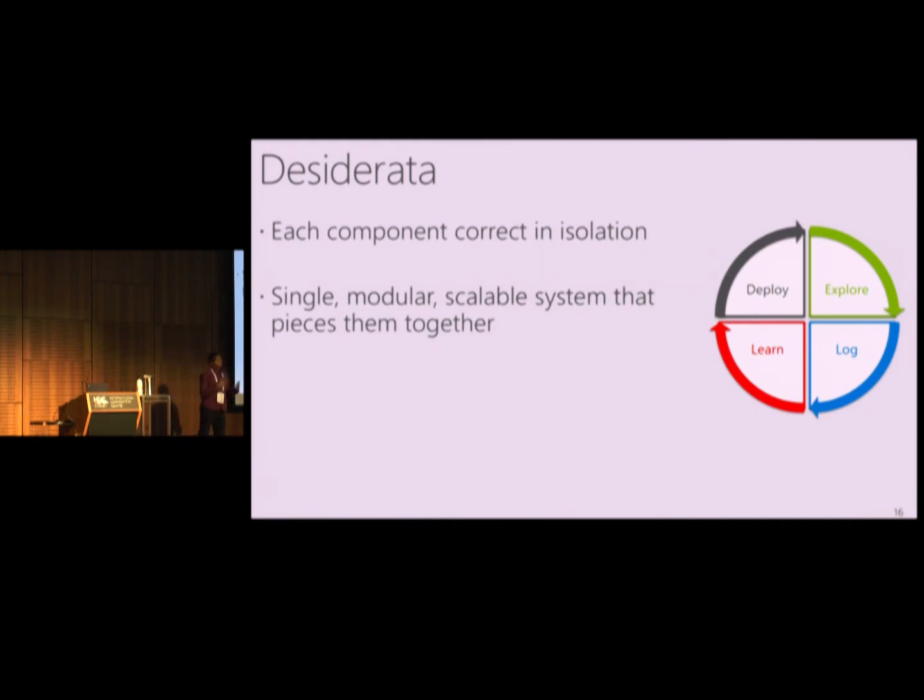Of course, we would want such a system to be modular, because often there is no one-size-fits-all thing here. So, for instance, for the join you do between context, action, reward, and information, maybe for some applications you want to use a disk-based key value store, maybe for some other application you want to use an in-memory join.